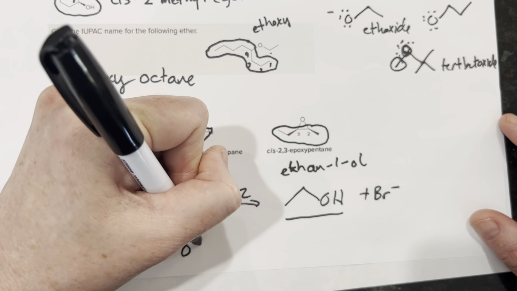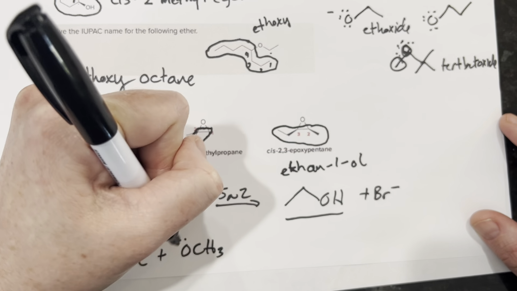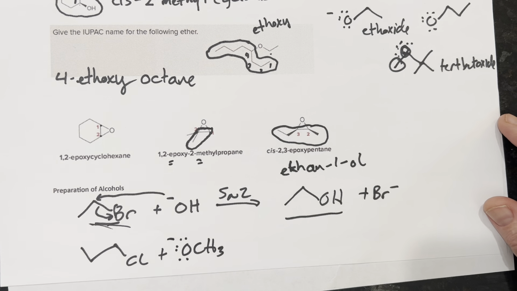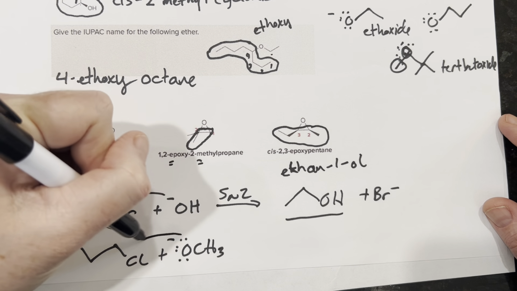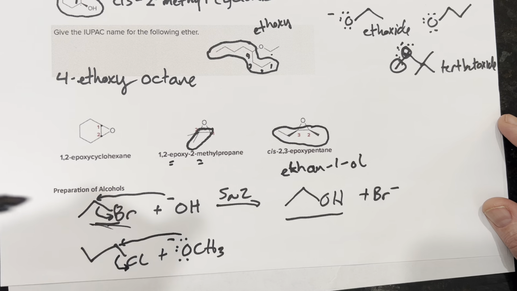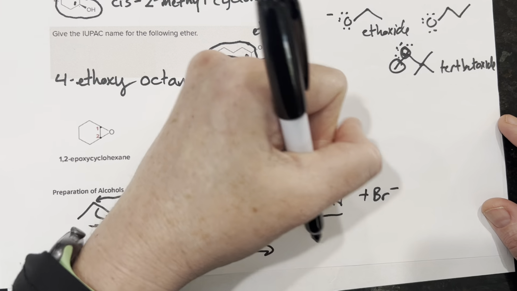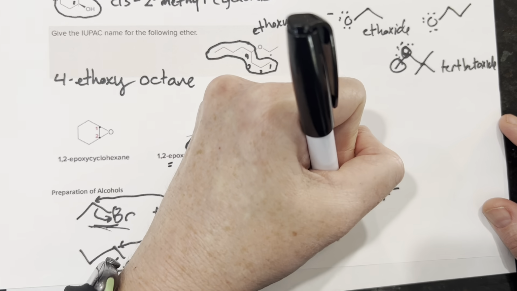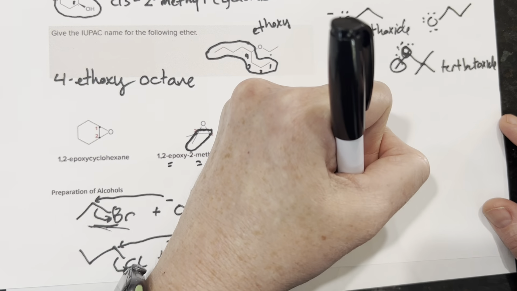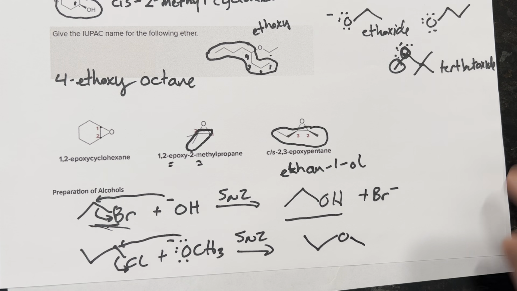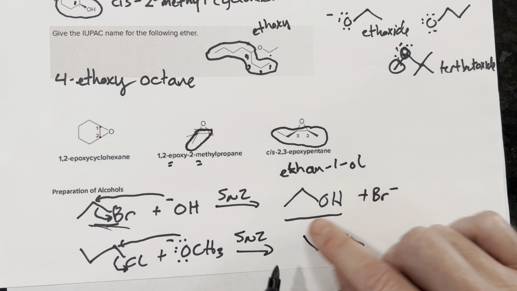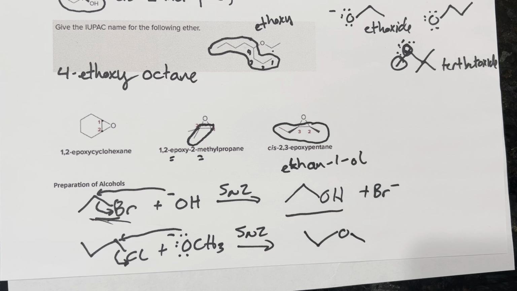So for example, if we react it with OCH3 minus, that would attack that. That would go off this way. This is strong, that's a good leaving group. This is primary, SN2 again. And we would get this methoxyethane. Okay.